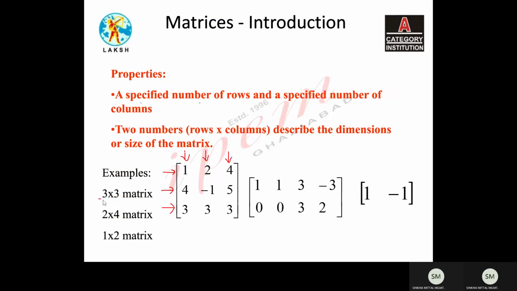So the order of the matrix can be written in this way, 3 by 3. The first number 3 represents the number of rows and the second number represents the number of columns. In the second example, there are 2 rows and 4 columns. The order of the matrix is 2 by 4. Alright. In the third example, there is 1 row and 2 columns. So the order of the matrix is 1 by 2.